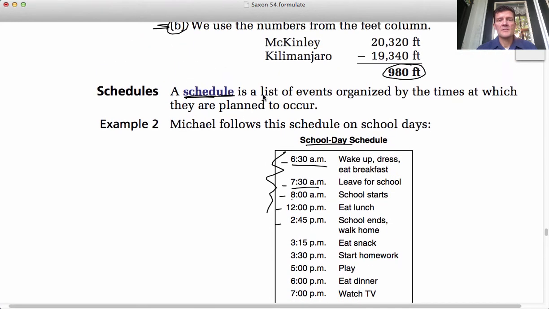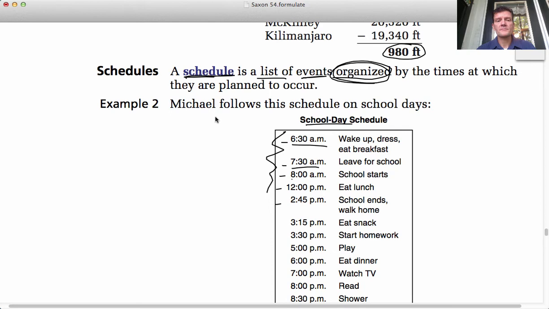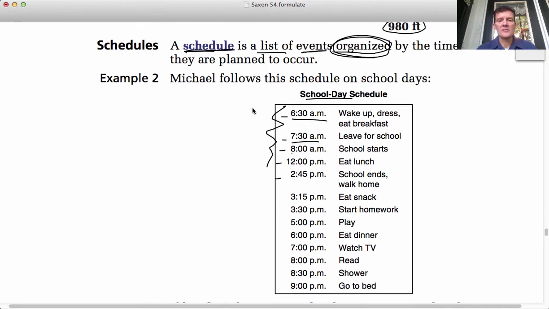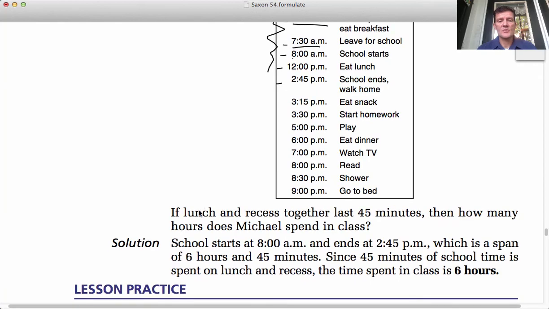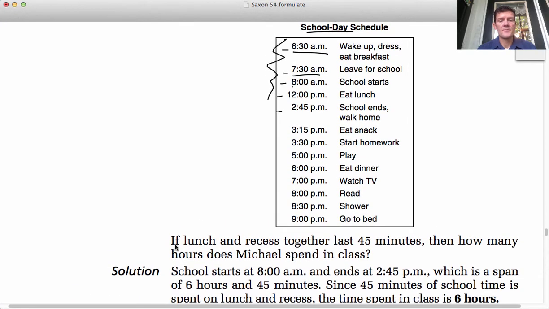We're going to have a list of events, and it's organized. That's a key word. We're organizing in a way so that we can read it quickly and easily. So here's the schedule for the day, and let's see if we can answer some questions using this data.